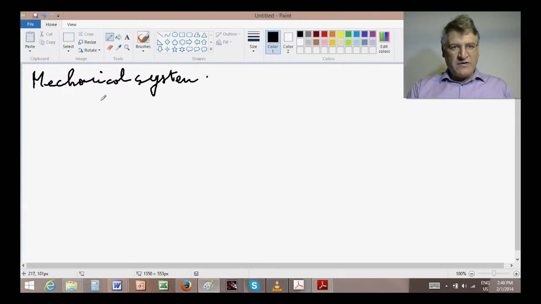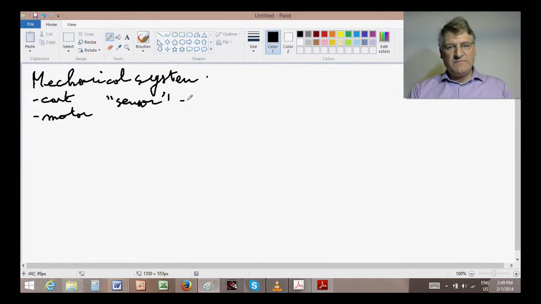For that purpose, I will consider that the mechanical system is the cart, the motor, and a sensor to measure speed.